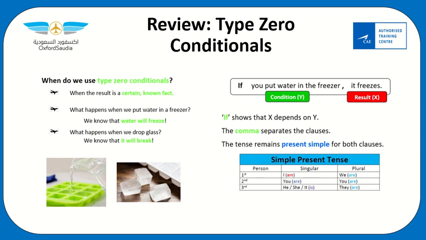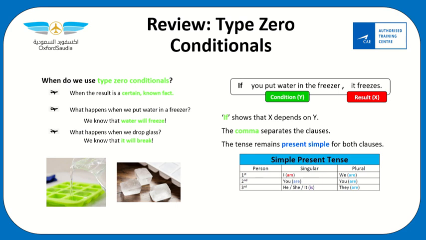On the right-hand side is the formula for type 0 conditionals. If you put water in the freezer, it freezes. We have if to show that the result X depends on the condition Y. The comma separates the clauses.